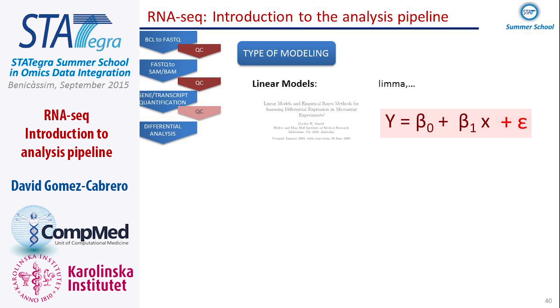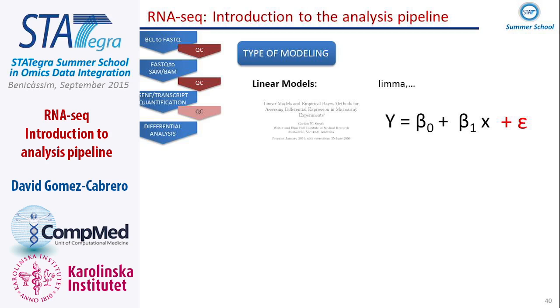We have the variable that we know and the variable that we want to predict, right? Sometimes we say, well, the variable that we know, for instance, is healthy and disease, and the variable that we want to predict is the expression of the gene. Why?